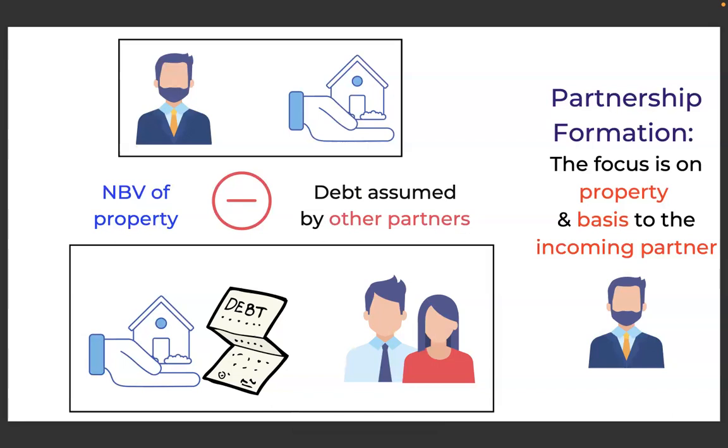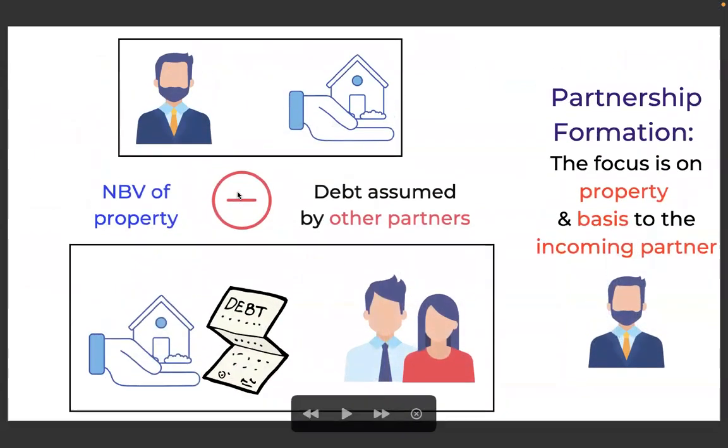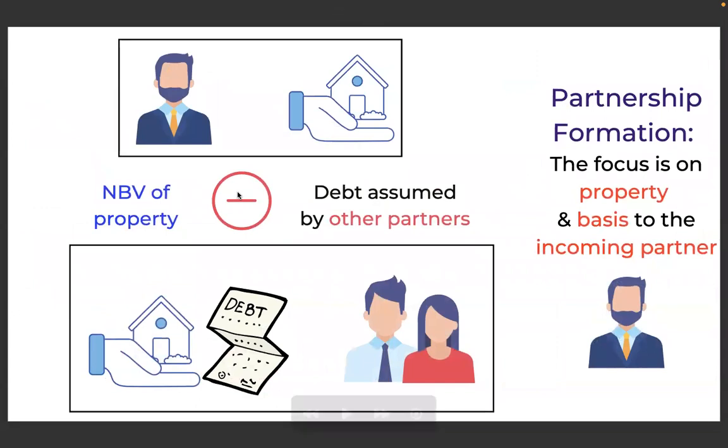When we're focused on the partner, this is going to, again, be a primary focus on property. And this is going to be the net book value of the property contributed minus the debt assumed by other partners. Okay, we'll go through an example here in just a little bit, but isolate this. If you have a piece of paper and pen in front of you, put a big line down the middle, almost like a T account looking image.